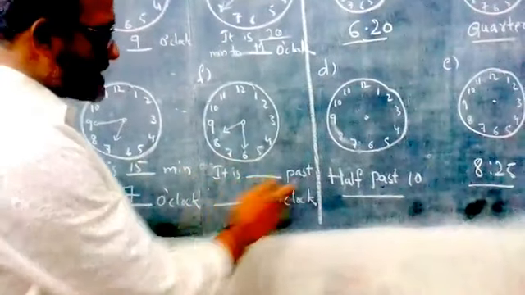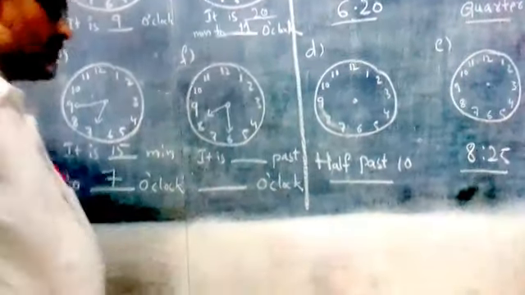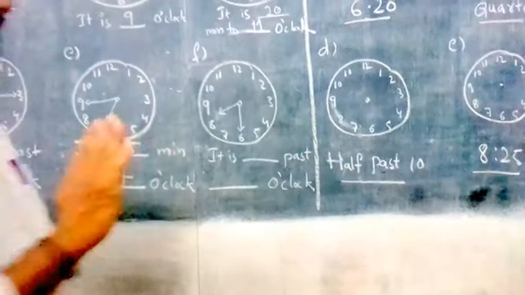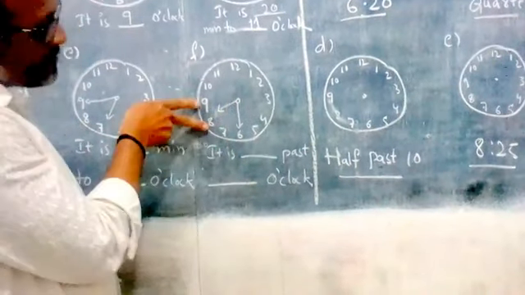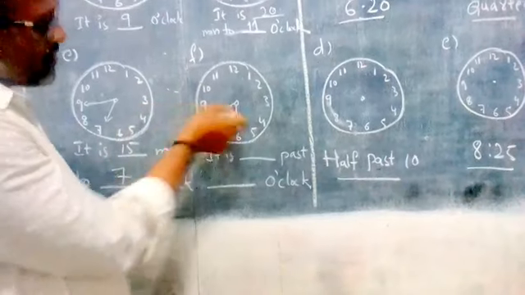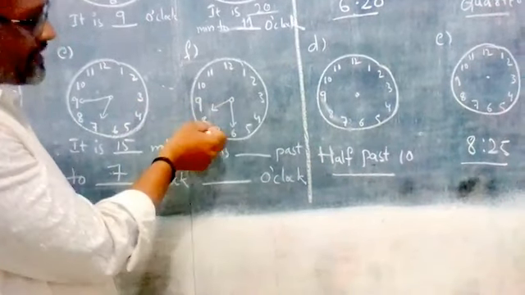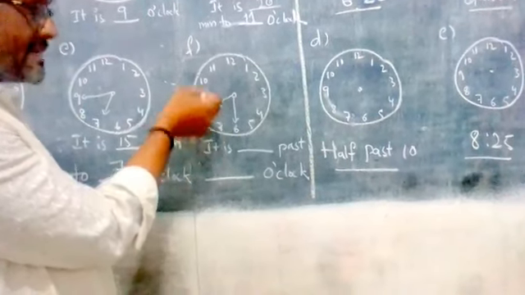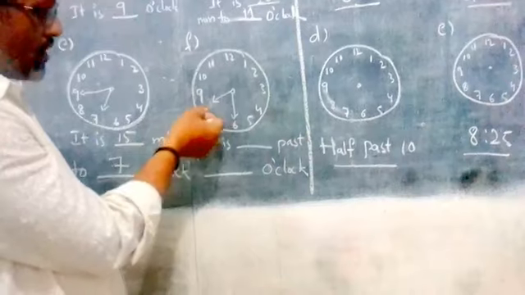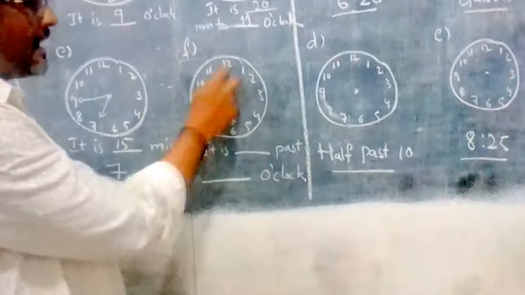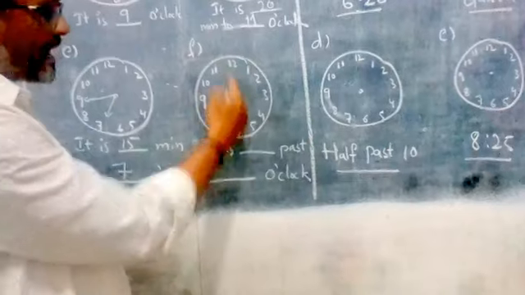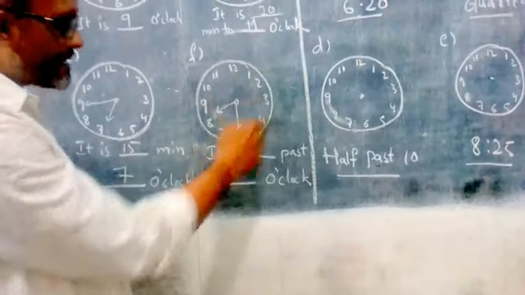The last one, find out: it is dash past dash o'clock again. The time has already passed. The short hand is in between 8 and 9, so 8 has already passed and 9 is yet to come. For 8 o'clock the long hand should be on 12, but it has already covered till here.